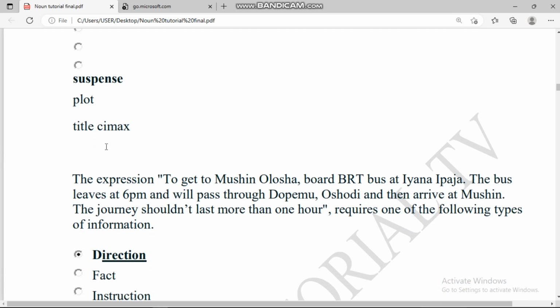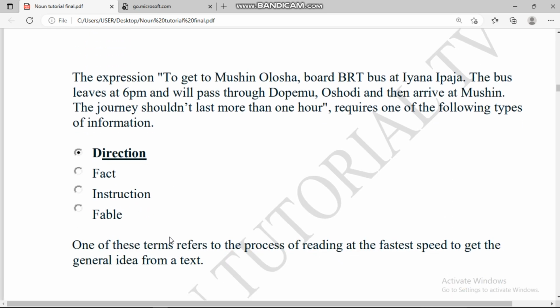The answer here is suspense. The expression to get to motion, what they're trying to say is direction. The answer is direction. They're just trying to show somebody the direction of a place. That's what they are saying there.